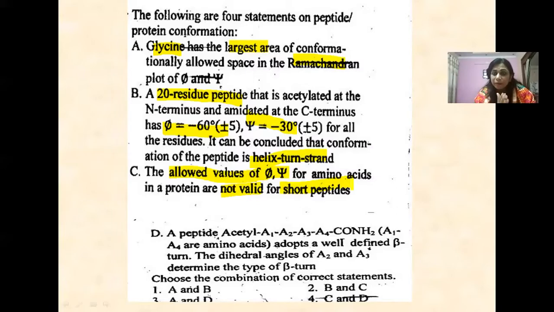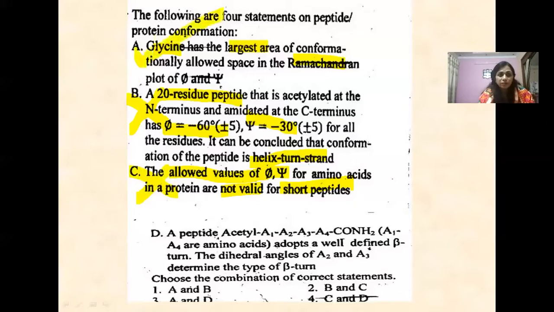A short peptide may be of 2 amino acids, 3 amino acids, or 4 amino acids, right? For these peptides, we can also have allowed values of psi and phi. So this statement is again wrong. Then this statement is again wrong. So we have the right statement here.